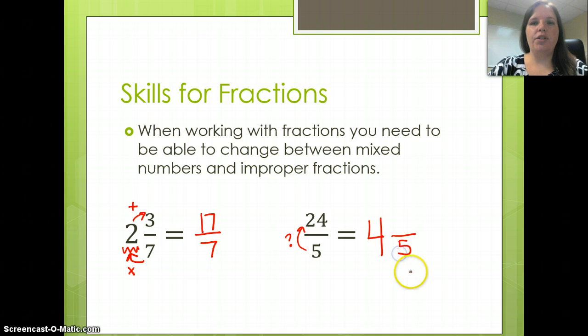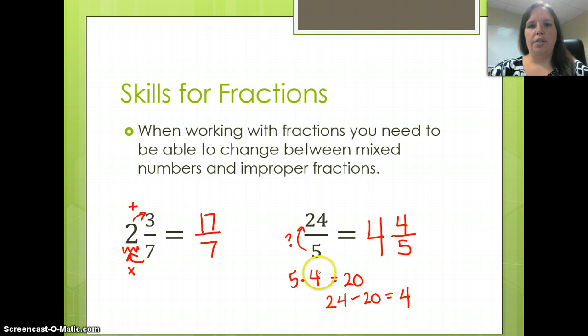So how many fifths are left over? Well, 4 fifths are left over. So 5 times 4 is 20, and 24 minus 20 is 4. So the 4 there and the 4 there. So obviously things you remember.